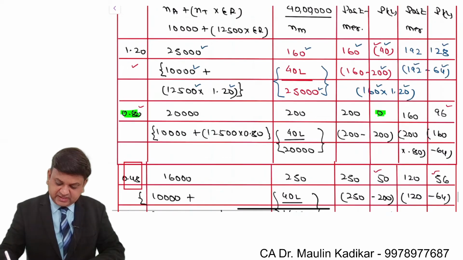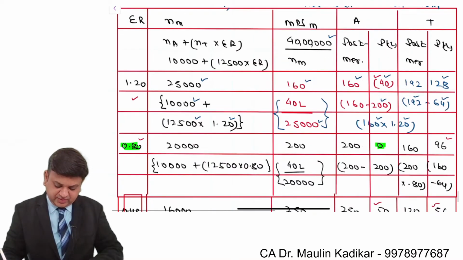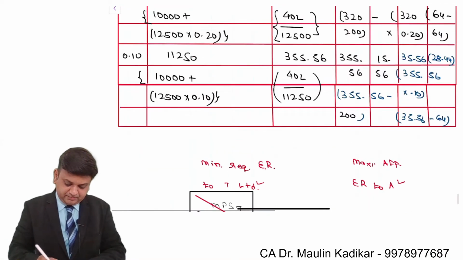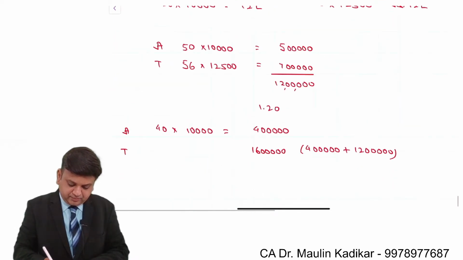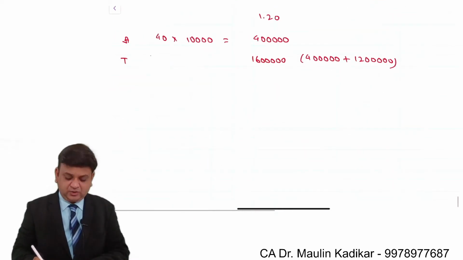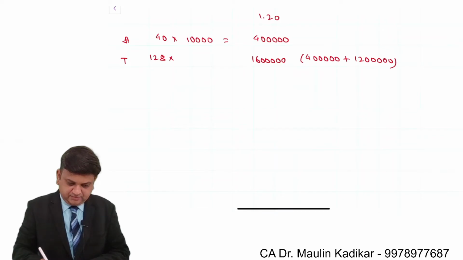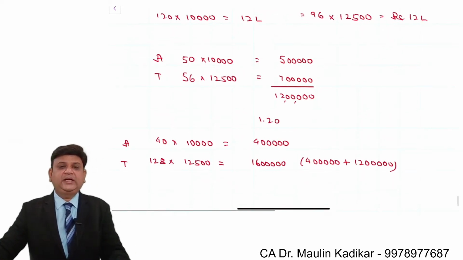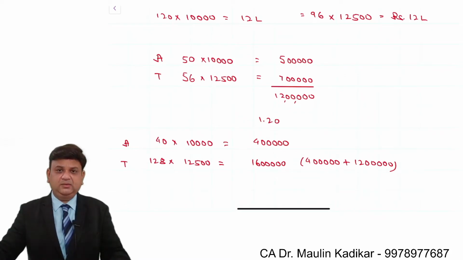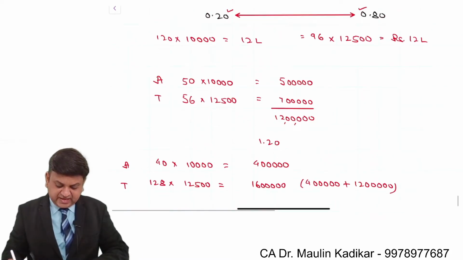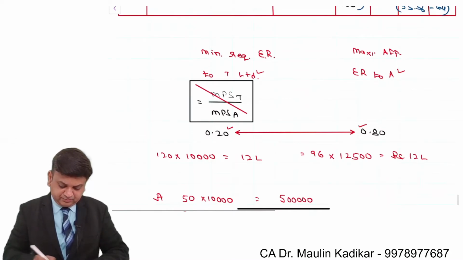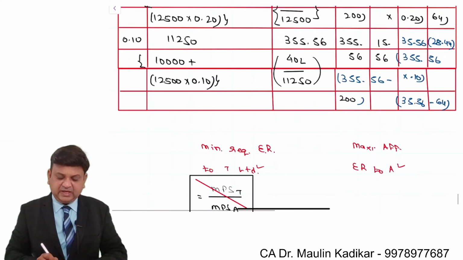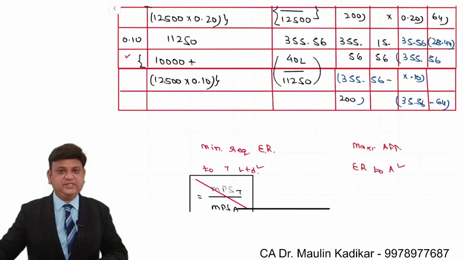So as far as the target company is concerned, there is a profit of 128 rupees per share. So 128 into 12,500. This is the way the gain to the target company can be cross verified. The last exchange ratio 0.10. Even in that case, we can have similar reconciliation.